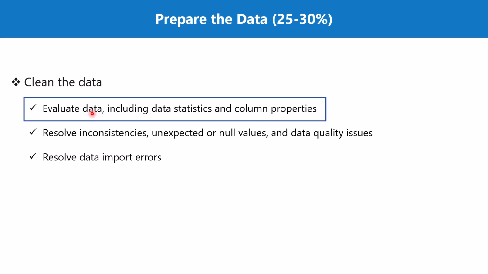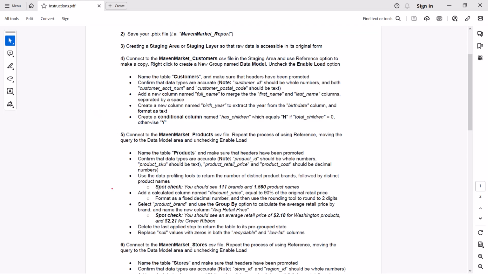So now let's see what the instruction is for this part. For this video, the instruction says to use the data profiling tools to return the number of distinct product brands followed by distinct product names.